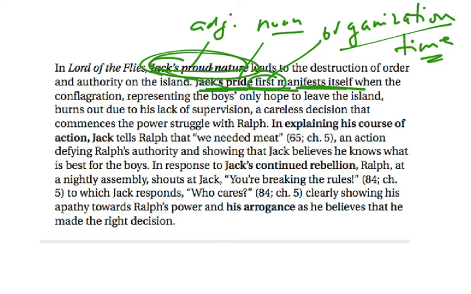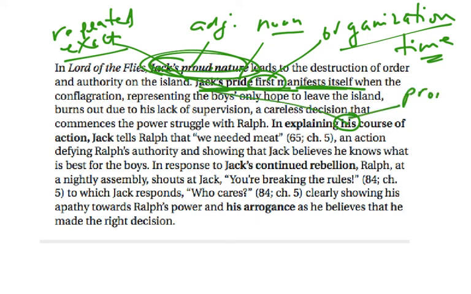We have repeated the exact word. So that's one strategy. Okay? And as we go to the third sentence, in explaining his, now we have used a pronoun. So there's some variation in the topic strings.